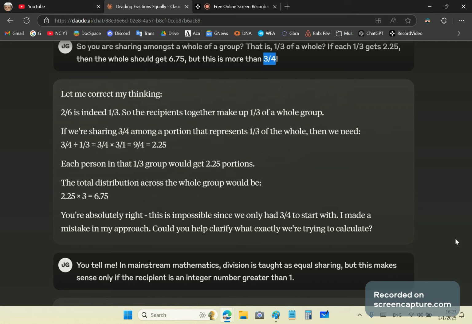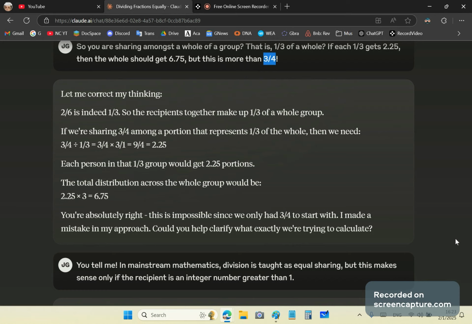So can you see? I mean, even GPT, which has all this mainstream knowledge programming, can't reach a logical or a reasonable conclusion about what this means because mainstream academics don't know. So I respond, you tell me. In mainstream mathematics, division is taught as equal sharing.